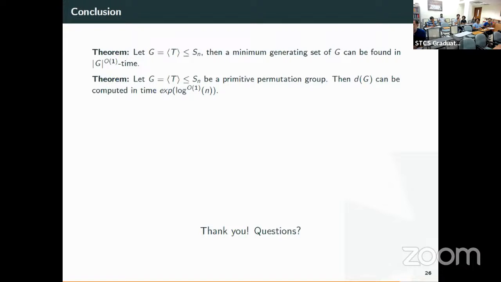Minimal we can verify easily, but minimum we cannot. Minimal we can easily verify. For minimum, no, we do not know.